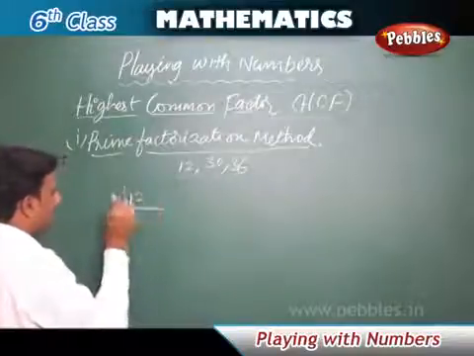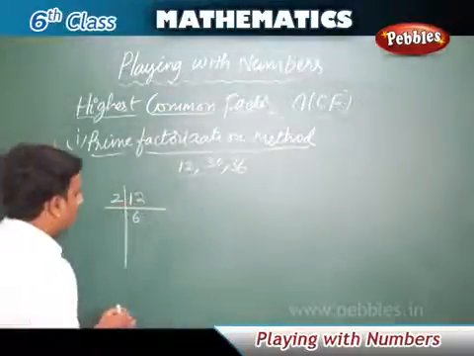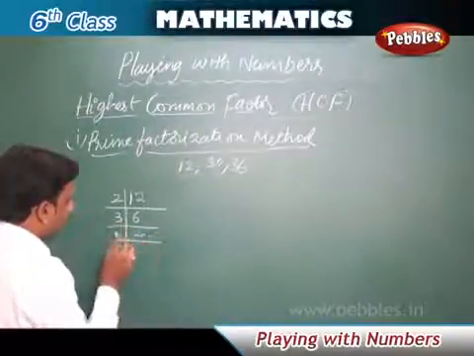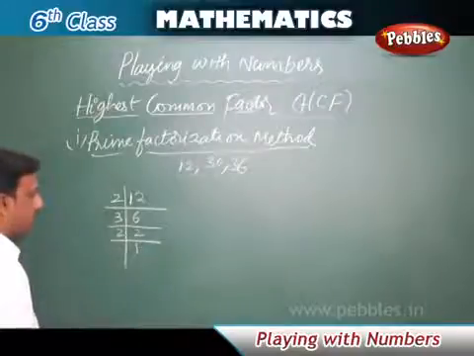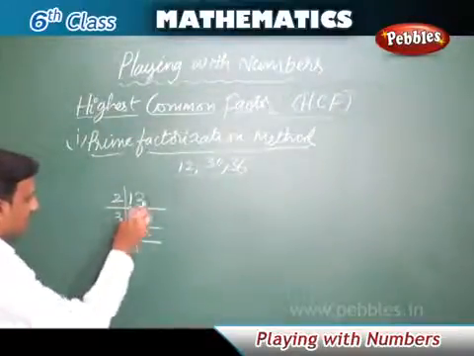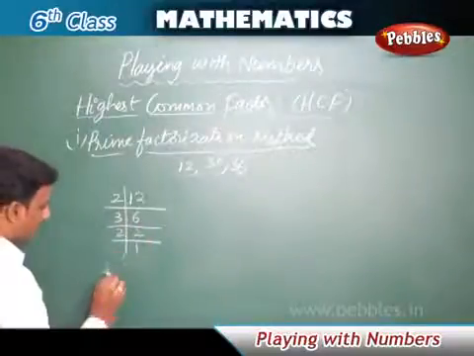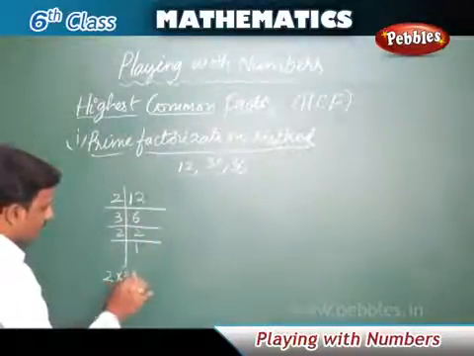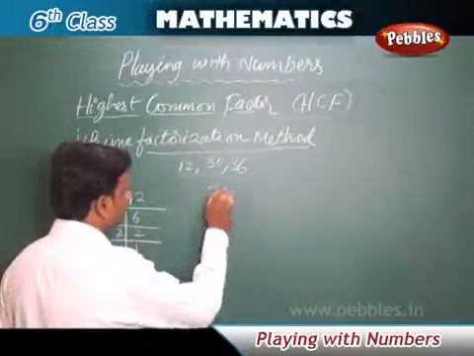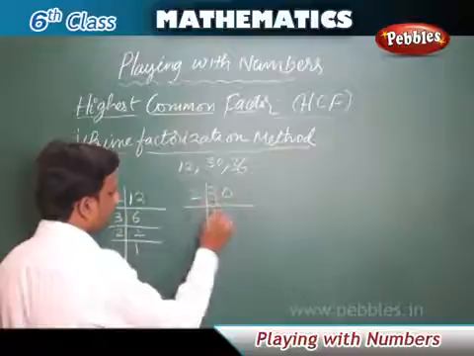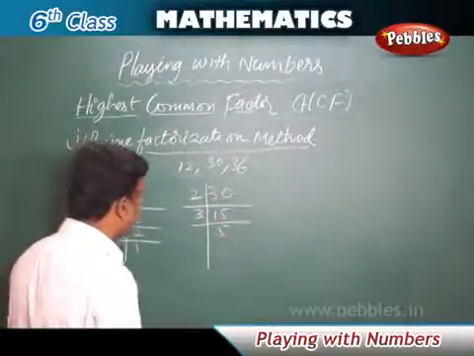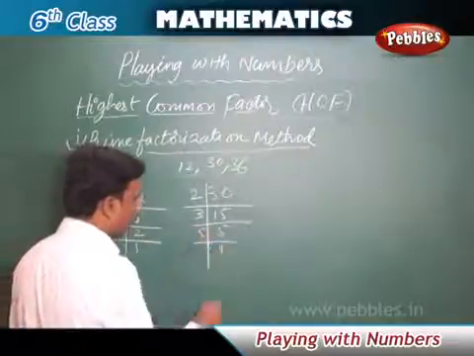So let us put 12 here: 2, 2, 6, 3, 2 and 2, 1. So 2 threes are 6, 6 twos are 12. So these are the factors, 2 into 3 into 2. Now let us see for 30. Here we put 2, 15, 3, 5, 5, 1.